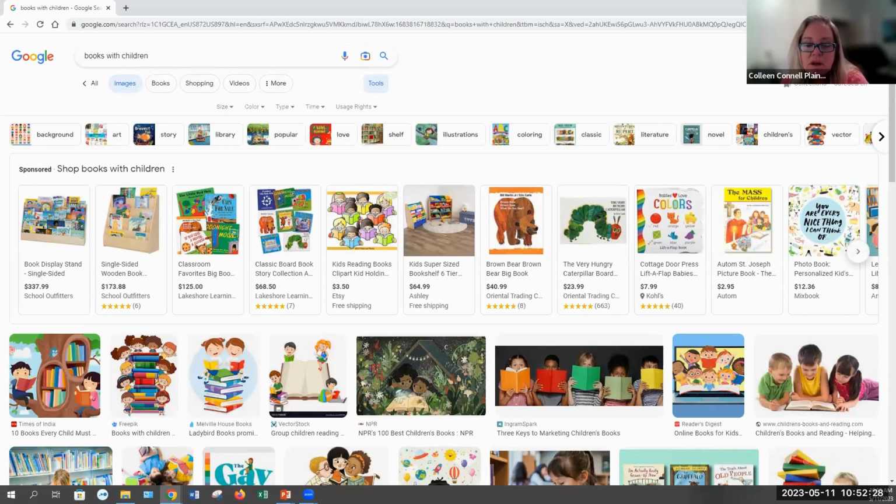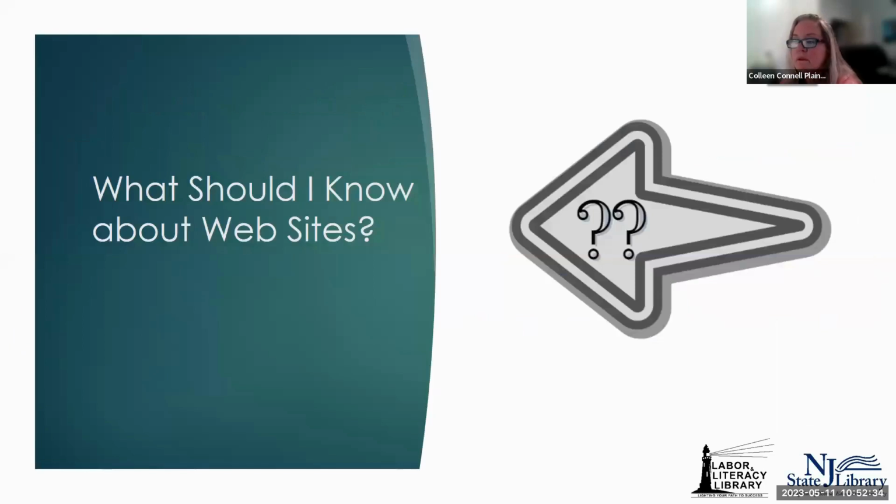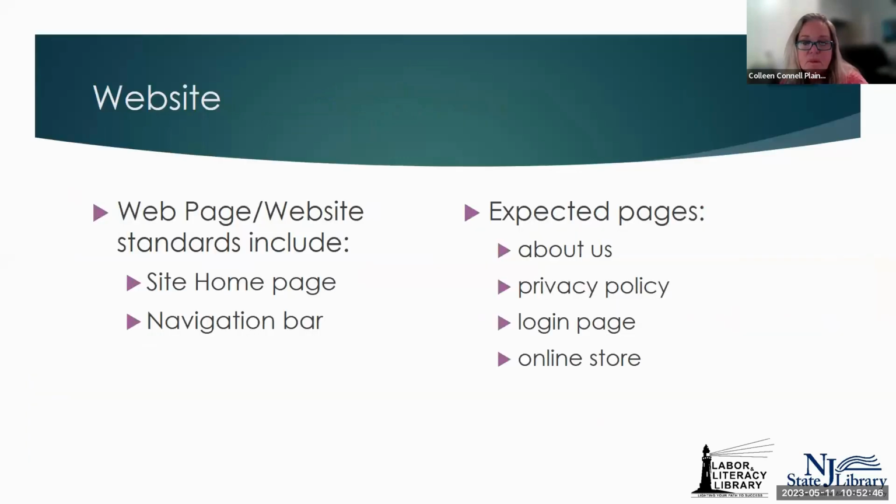So let's talk about websites and web advertisements. Great job, everybody, learning about browsers, search engines, and how to search the internet. So let's take a more in-depth look at websites in general. Most professional websites have standard sections such as a home page and a navigation bar.